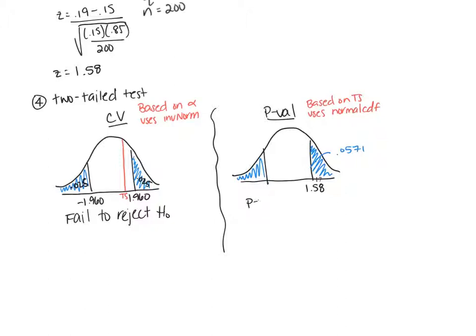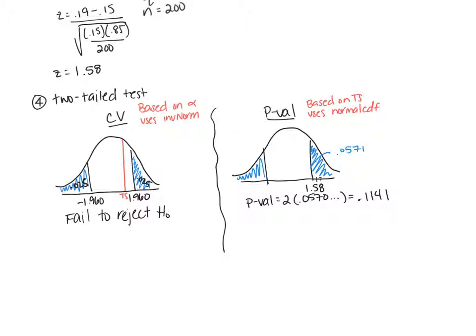When I calculate my p-value, though, I need to multiply this by 2, and I'm going to do that before I round. So that 0.0571 was rounded. 0.0570, and then it continues on, is the full area or the most accurate area to the right of 1.58. So my p-value is 0.1141 if I round after multiplying by 2.